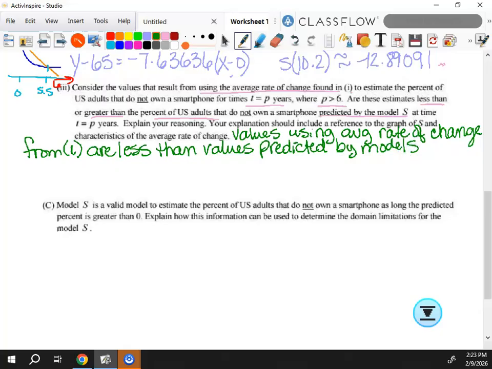Is it less than or greater than, right? Now, are they always less? No. Do I even care about always? No, I care about when p is greater than 6. So: when p is greater than 6.